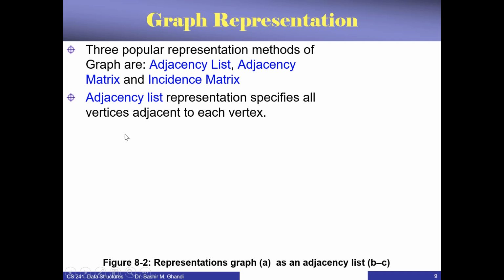What does it mean? Adjacency list representation specifies all vertices adjacent to each vertex. Okay, so it's going to be representing the graph in terms of the adjacent vertices. So for each vertex, how many other vertices are adjacent to it?